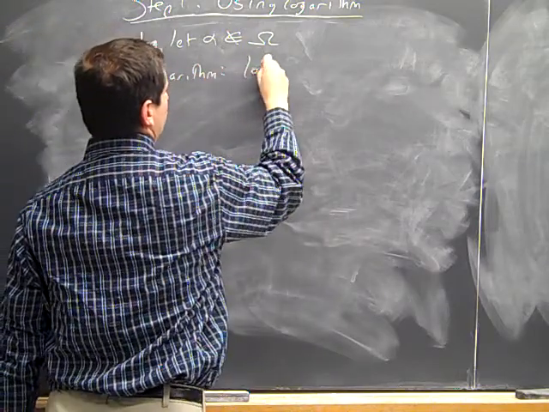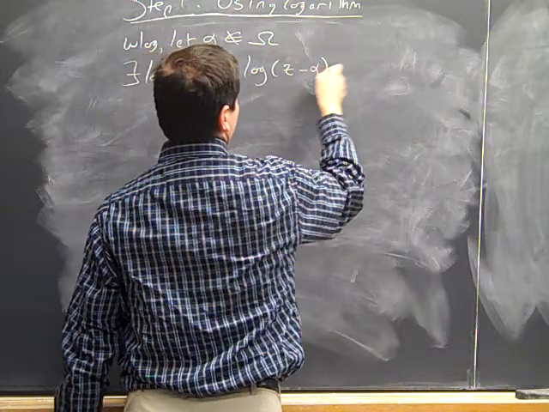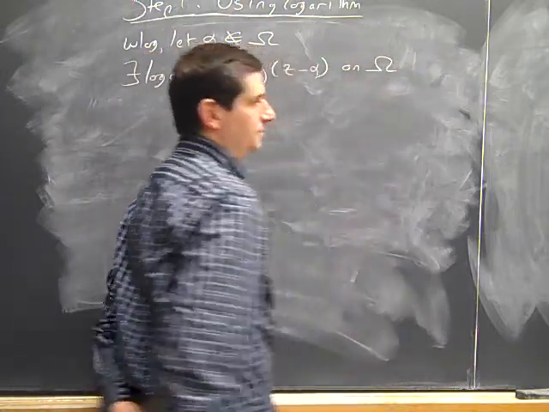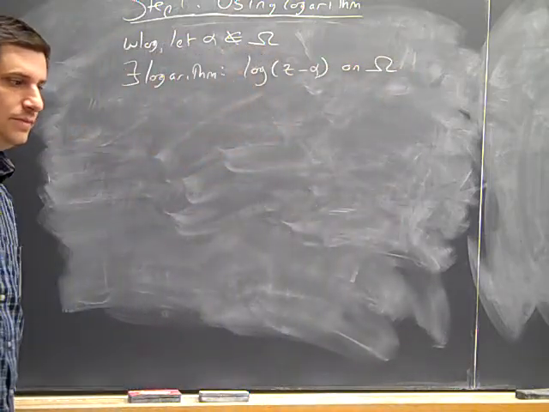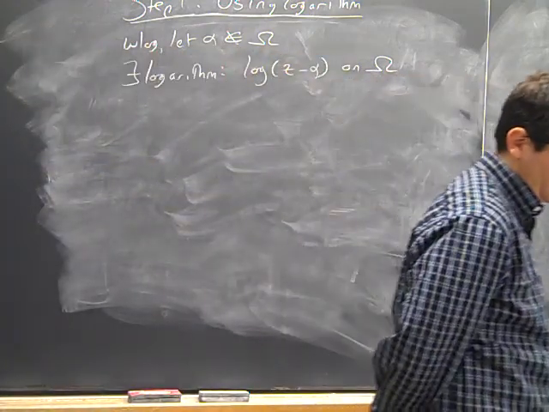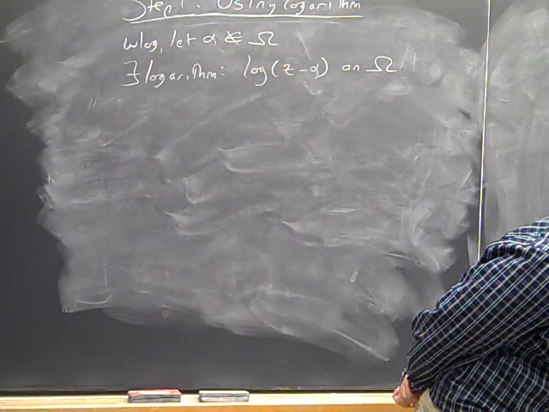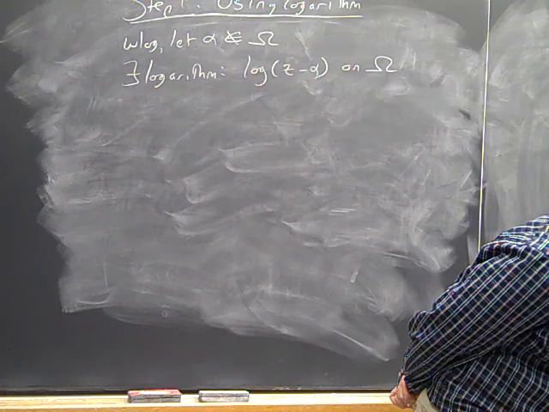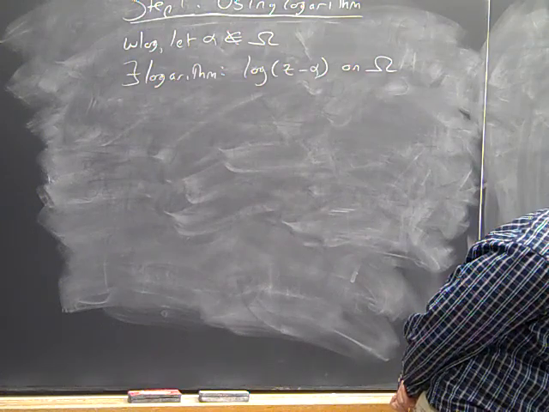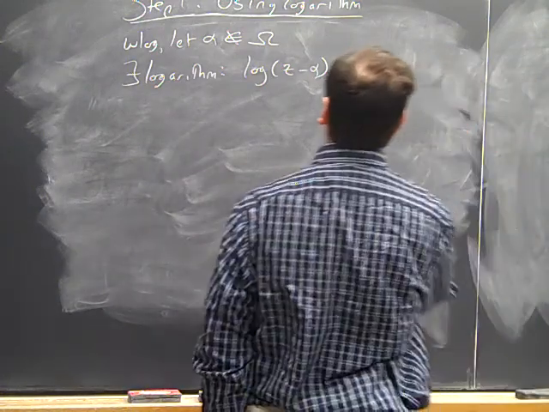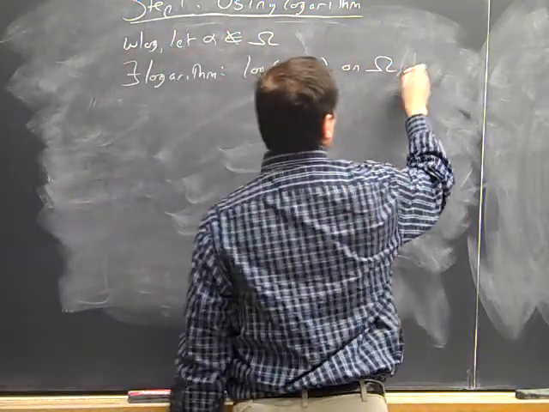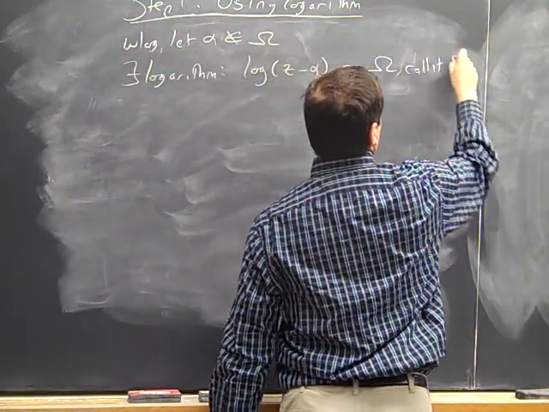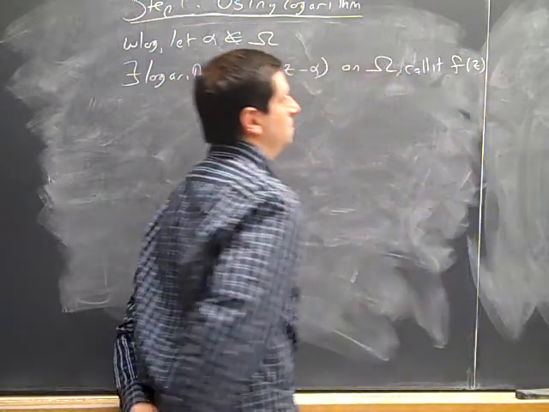So we can define the log of z minus alpha on omega. Okay, and then I think they're calling this little f. Yes, they're calling this little f. Call it f of z.